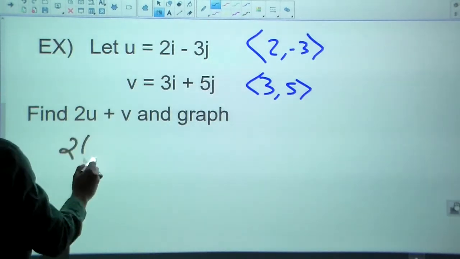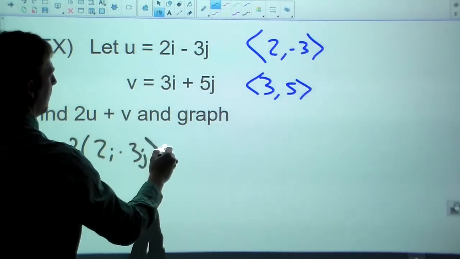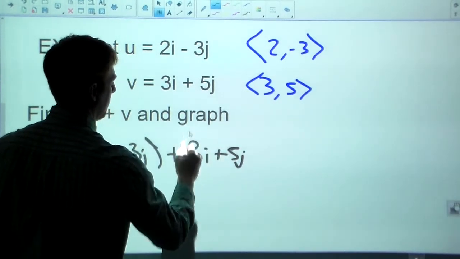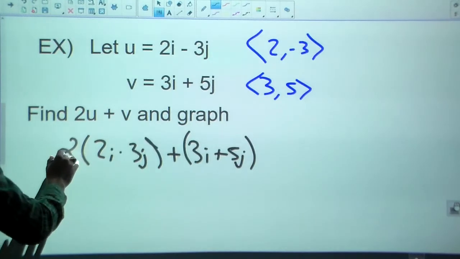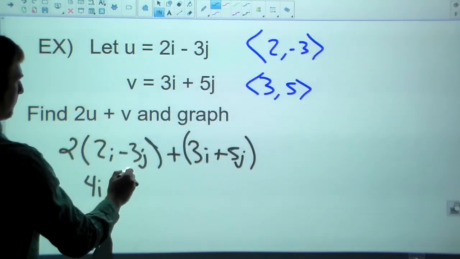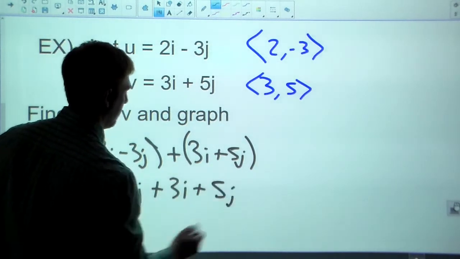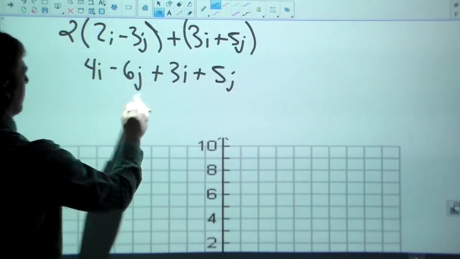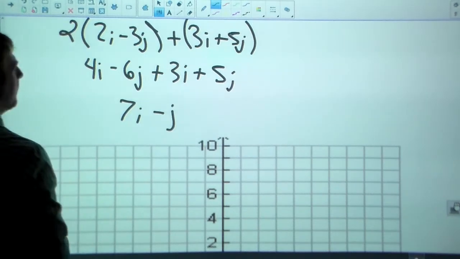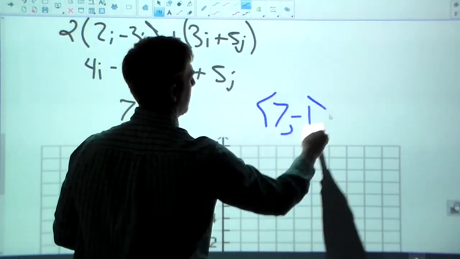So 2 times u, 2i minus 3j, and then plus v, which is 3i plus 5j. So just do your algebra, distribute the 2, so 4i minus 6j plus 3i plus 5j. And then we're going to get 7i minus j as our final result. Again, if you want to think about that as a component.